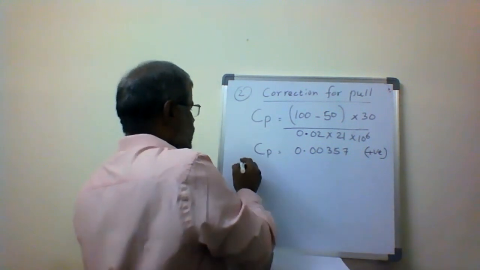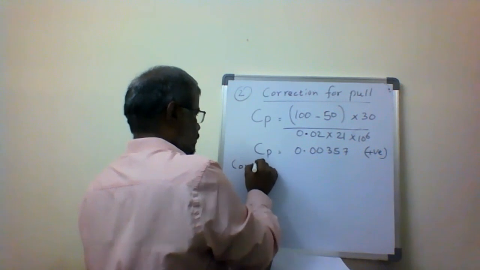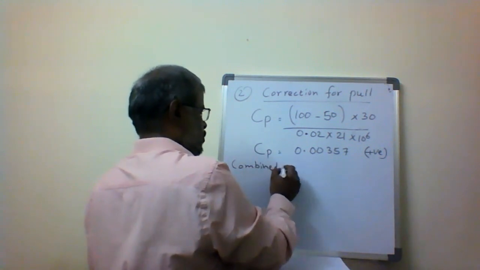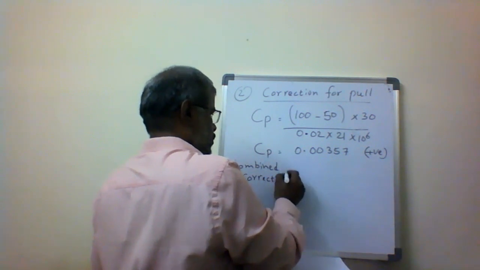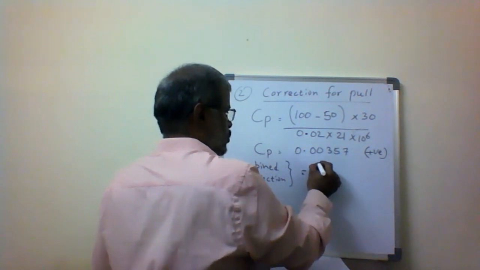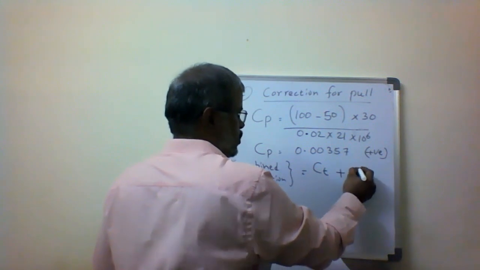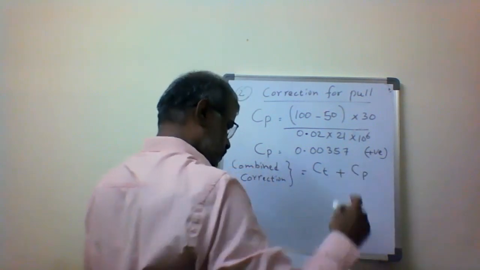Now the combined correction equals Ct, the correction for temperature, plus Cp, the correction for pull.